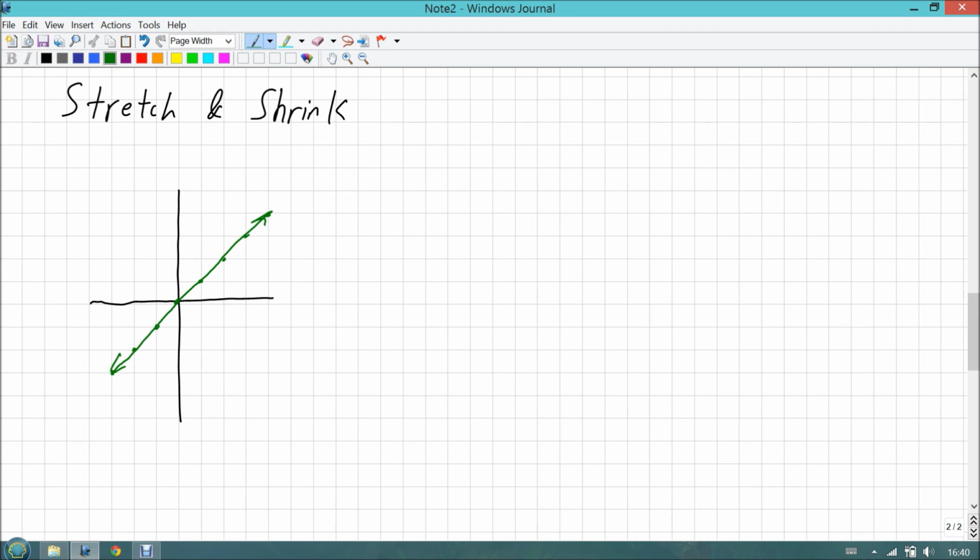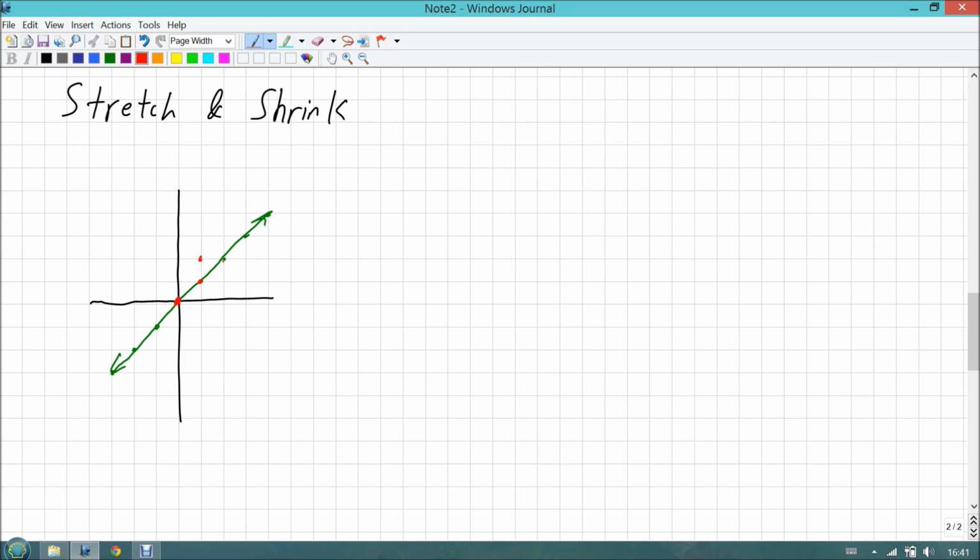So here we go. If I want to stretch and shrink, I would multiply the distance by a factor. For example, if I wanted a multiplier of a factor of 2, I would start at this point right here. What is my y value at this point? It would be 0. Multiply it by a factor of 2. 0 times 2 is, well, it's still 0. And then over here, my y value was 1. What's 1 times 2? 2.